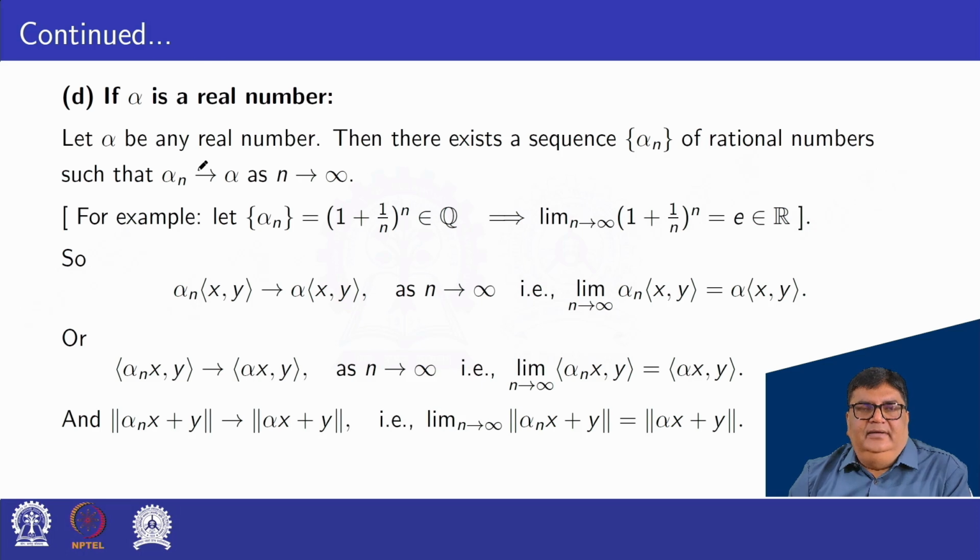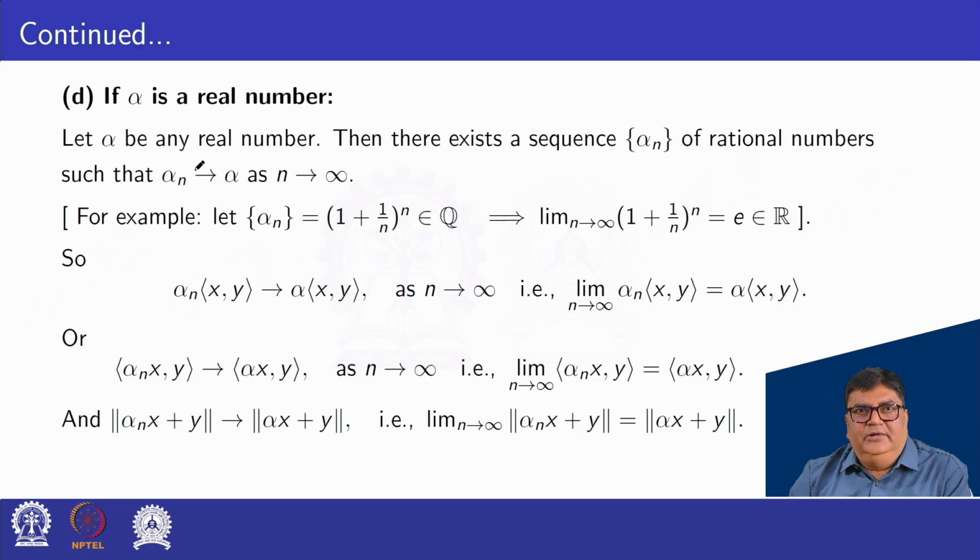If alpha is a real number, let alpha be any real number. Then there exists a sequence alpha n of rational numbers such that alpha n tends to alpha as n tends to infinity. This is the general idea: if alpha n is a sequence of rational numbers, then alpha n converges to alpha, where alpha is a real number.